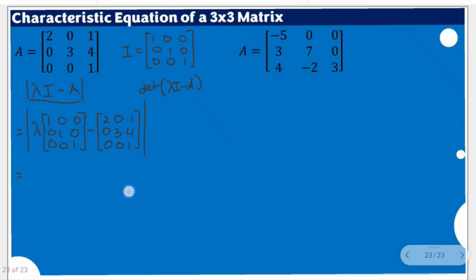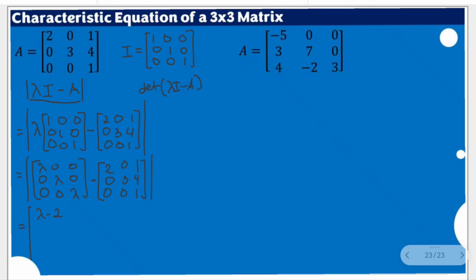Let's simply multiply first the lambda. You have lambda, 0, 0, 0, lambda, 0, 0, 0, lambda, minus the same 2, 0, 1, 0, 3, 4, 0, 0, 1. Then, since both matrices are 3 by 3 matrices, the difference is defined. The first entry is lambda minus 2.